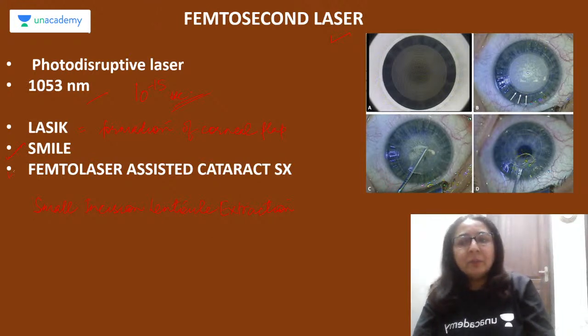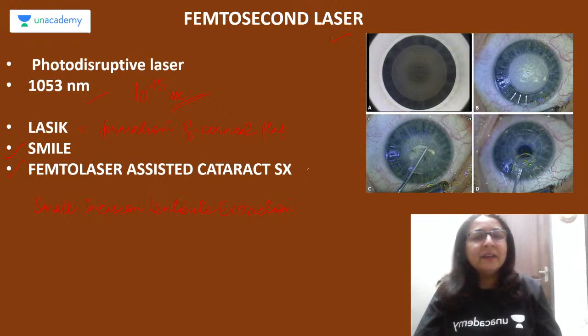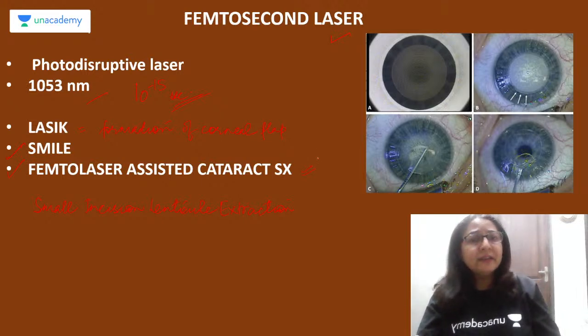Another important and latest indication is femtolaser-assisted cataract surgery. We discussed in the previous session that now 3 basic steps in cataract surgery are being performed with the help of femtosecond laser. What are those steps? We are able to create corneal incisions with the femtosecond laser.